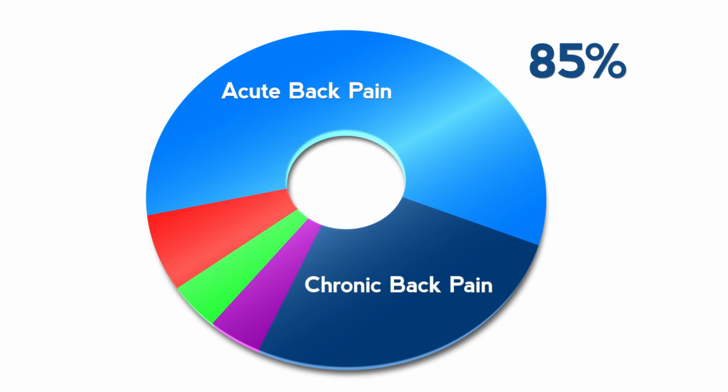However, 85% of patients with back pain have either acute or chronic nonspecific back pain without a specific etiology for their symptoms. This video presents a framework for how to think about referral for those patients who continue to have back pain.